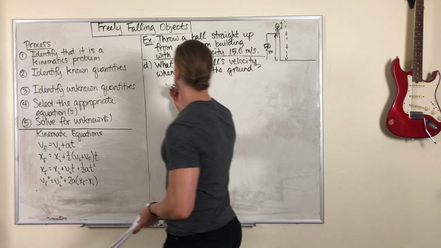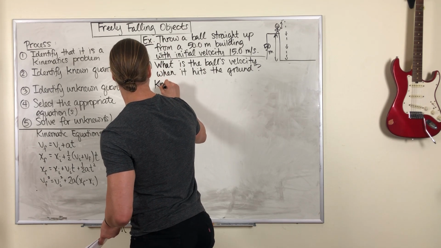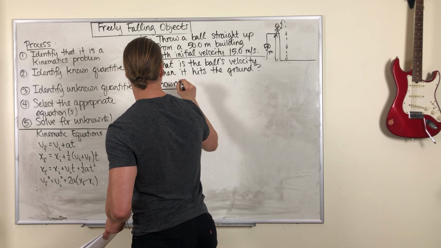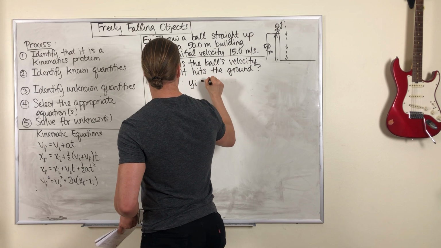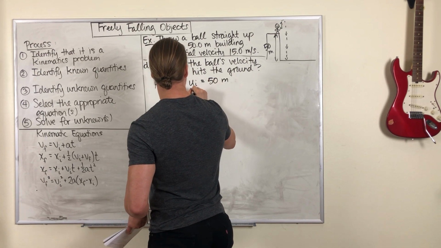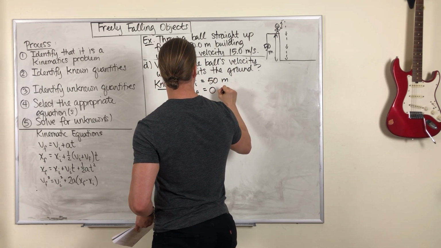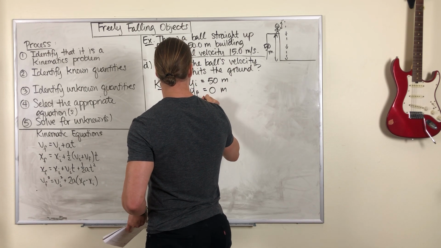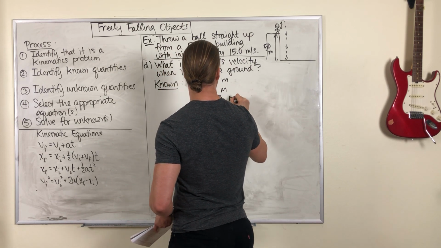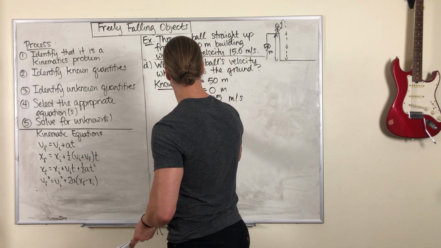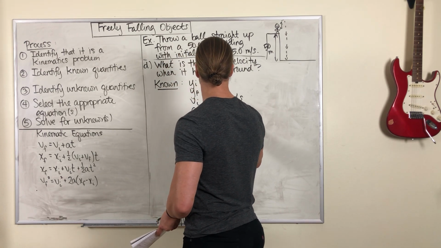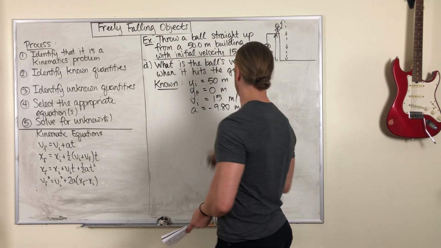We'll do our process. Here's what we know. Y initial, 50 meters. Y final, 0 meters. V initial, 15 meters per second. A, negative 9.8 meters per second squared.